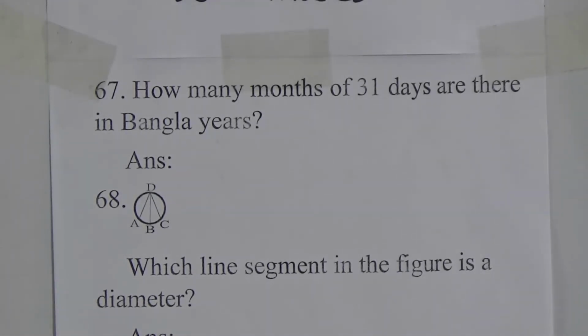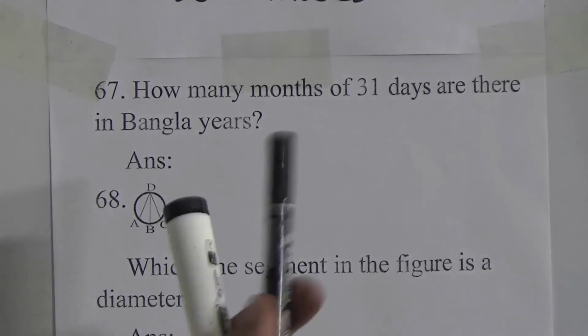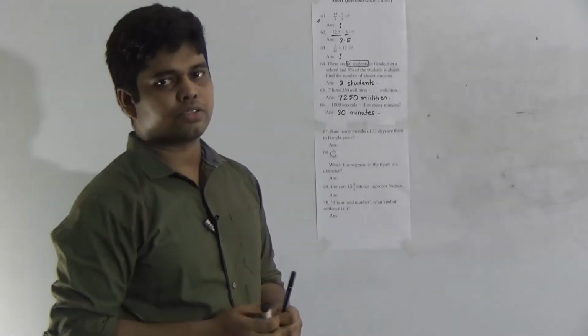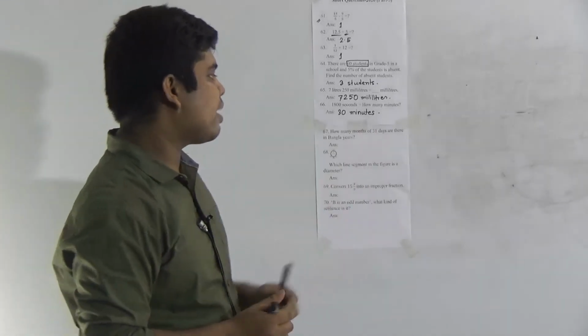So there are 5 months in a Bangla year which have 31 days. What are they? Boishak, Joshto, Ashar, Shravan and Bhadra. So there are 5 months. You write here 5. Okay.